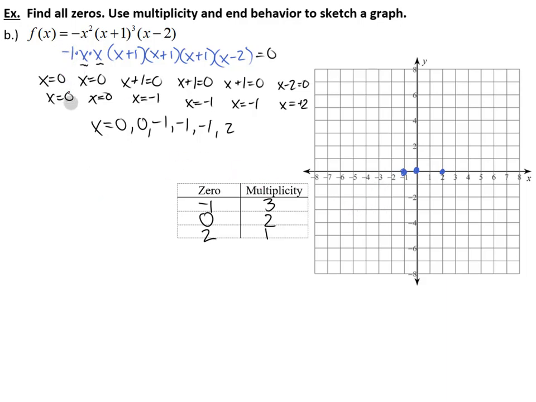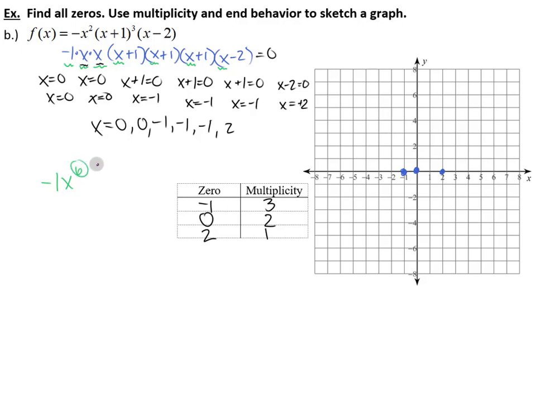Okay, let's find our end behavior by finding our biggest degree term. So we need to take the biggest term in each, and we're even going to use our factored form here. So negative 1 times x, that's negative 1x squared, times another x, negative 1x to the third, negative 1x to the fourth, negative 1x to the fifth, negative 1x to the sixth is what we'd end up with if I multiplied the outside here, and if there is a term on the outside with no parentheses, we multiply that by the 1x here, the 1x here, here, and here, and we end up with negative 1x to the 6th.